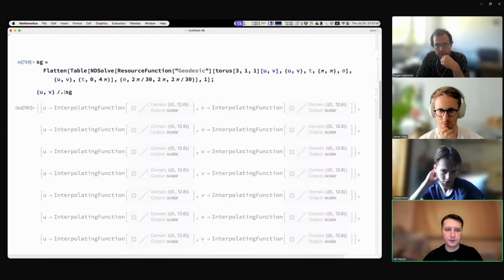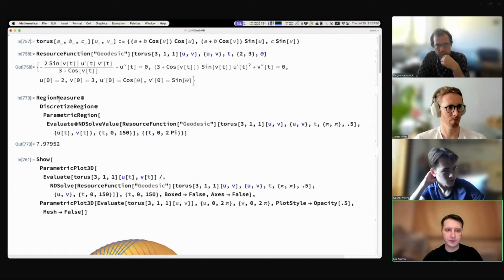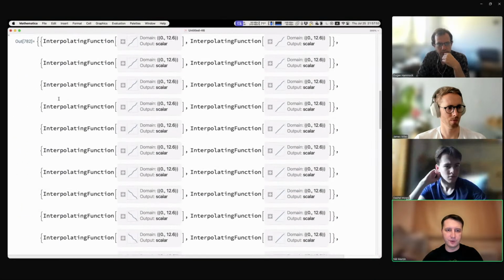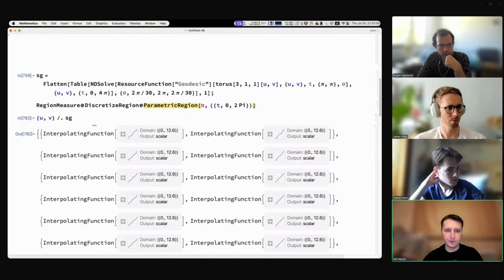You can compute a measure for all of them. Here.